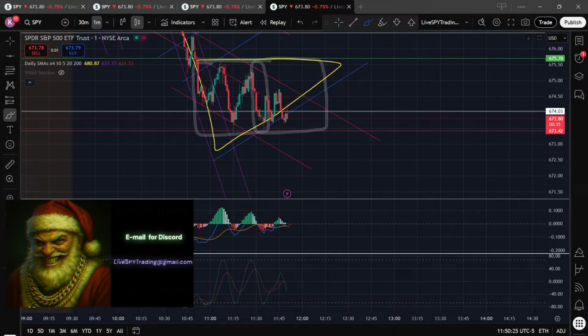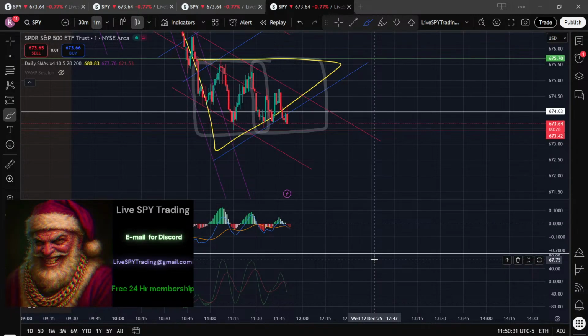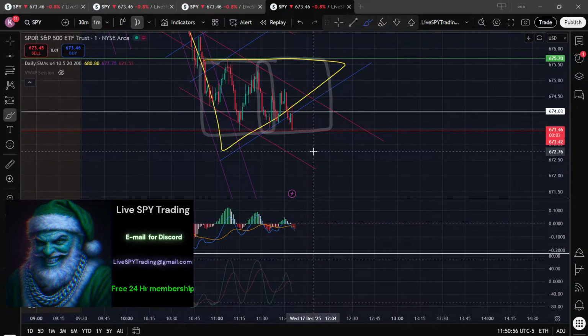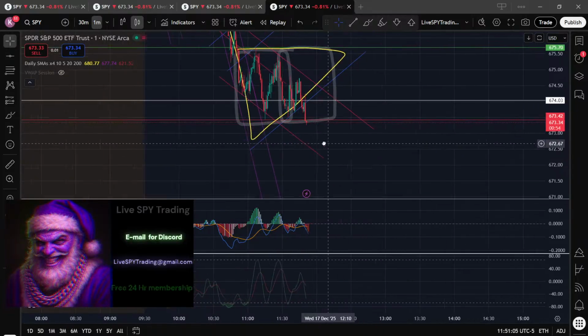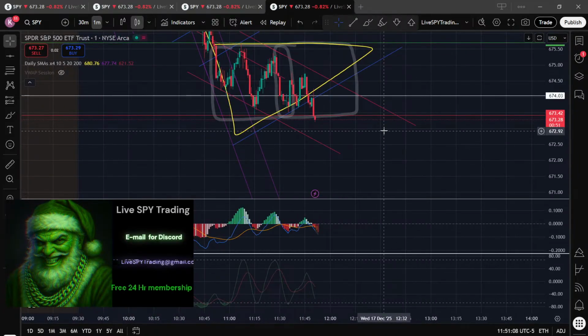We need to clear this liquidity box. Okay, let's see what they got for us.